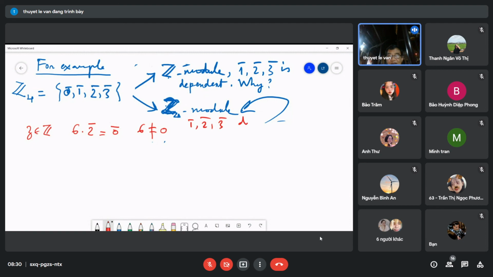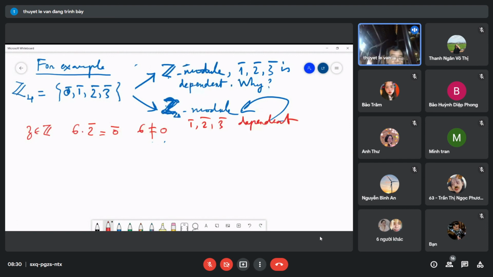But in this case, you should explain it from multiplying with this one. For example, 2 times 2 is equal to 0, but 2 is not equal to 0.